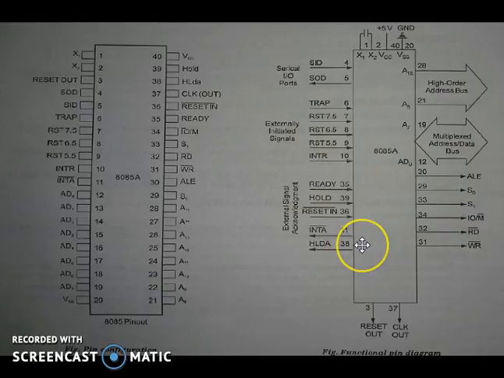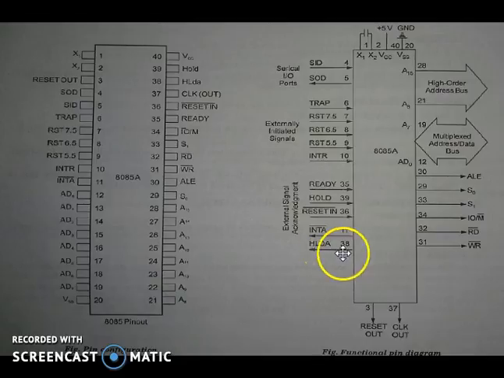HLDA is not in this category. Hold, reset and ready are used as input signals. And to respond to the hold request, the 8085 has HLDA, which is known as the hold acknowledge.